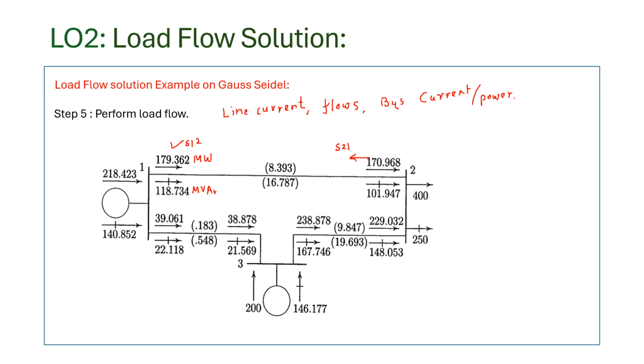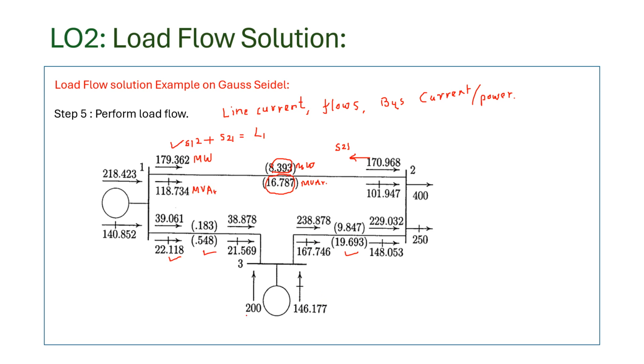Now if we add S12 plus S21, we get the loss in this line as 1.8393 megawatt and 16.787 MVAR. Similarly, the line flows and losses of the other two lines are also given here, and we can verify the answers.